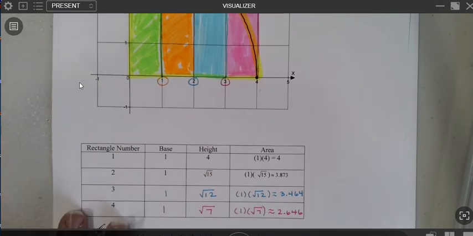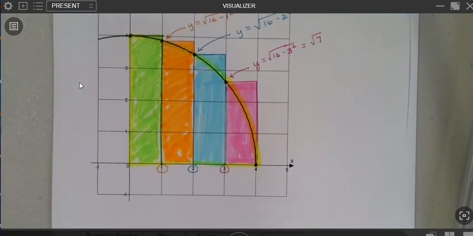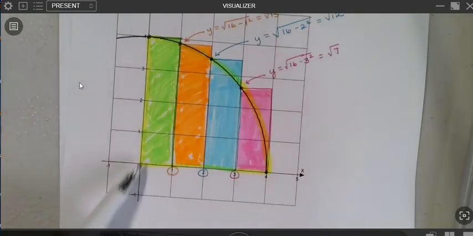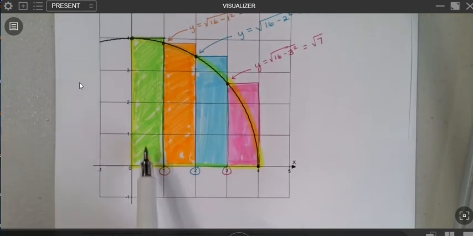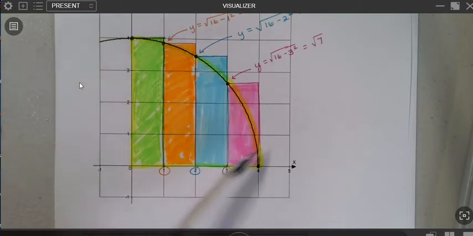All right, so if I now want to say about what is the area of that quarter circle, what I'm going to do is add up the areas of the 4 rectangles and say they make an approximation for the area of the quarter circle. Now I can visually see really easily I'm probably going to be way high here. It's going to be way too big. But as a starting point is all I'm after right now.